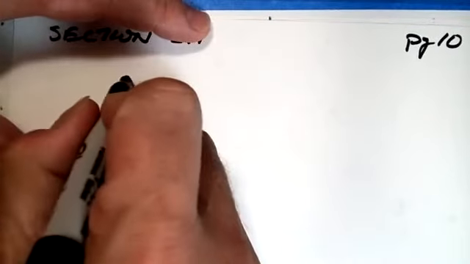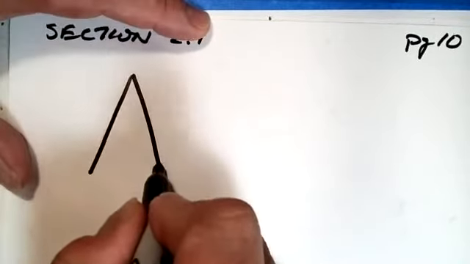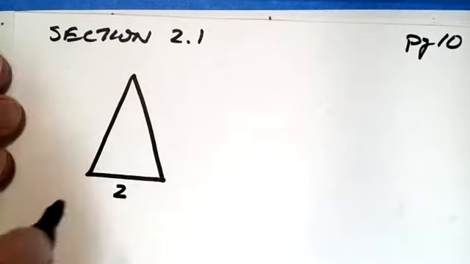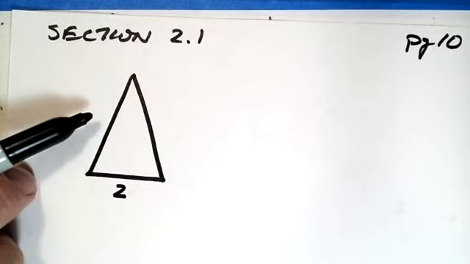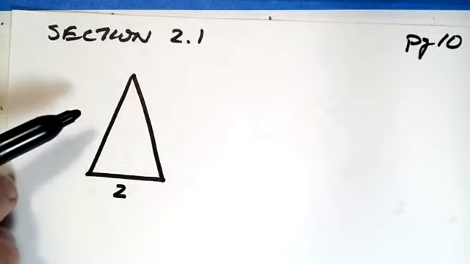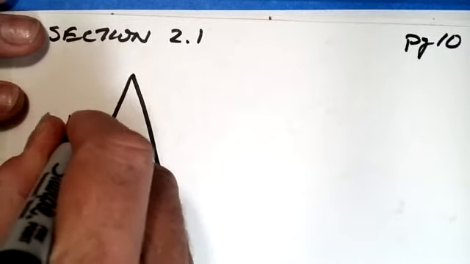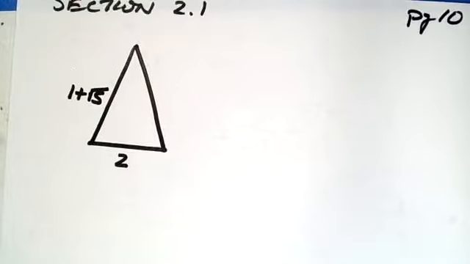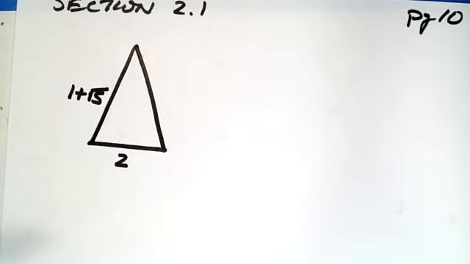So drawing just the big triangle, remember, its base had a length of 2, and the side out here had a length of 2 plus x. Now, since x is square root of 5 minus 1, this will be 1 plus root 5. Okay, so now we essentially have all three sides of this isosceles triangle.